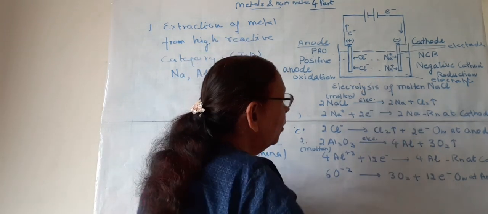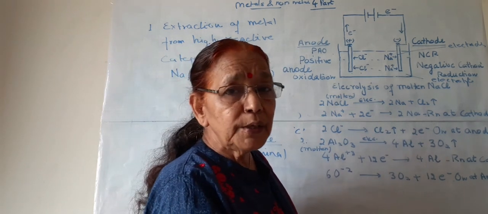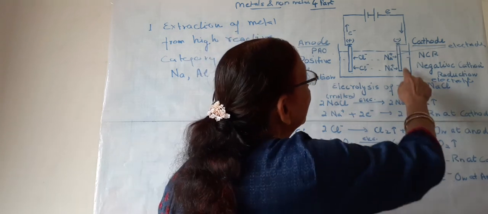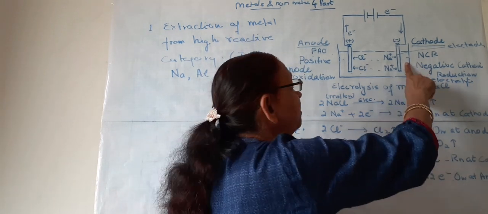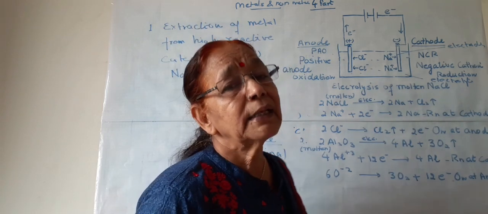You remember all these equations. So aluminium oxide is also reduced electrolytically: at the cathode we get aluminium metal, and at the anode we get oxygen gas.